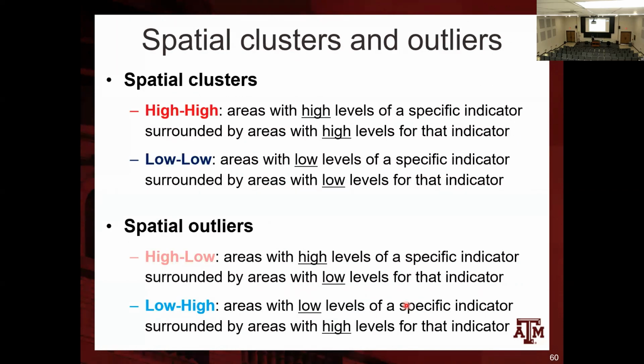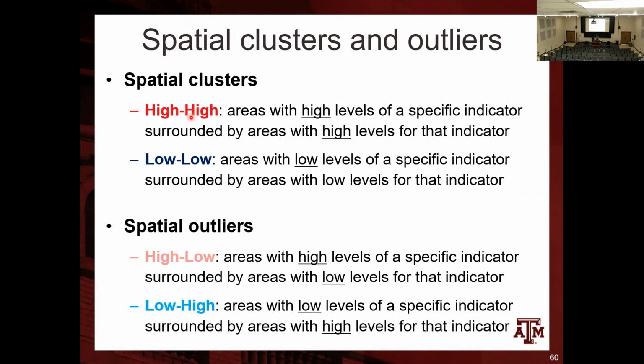So what we pretty much estimate is these 4 groups of areas, like I mentioned before, the spatial clusters and the spatial outliers. The spatial clusters are those areas with high levels of a specific indicator surrounded by areas with high levels of that indicator. They are classified as high. Again, that indicator can be any indicator that you might want to analyze. I'm analyzing internal migration.